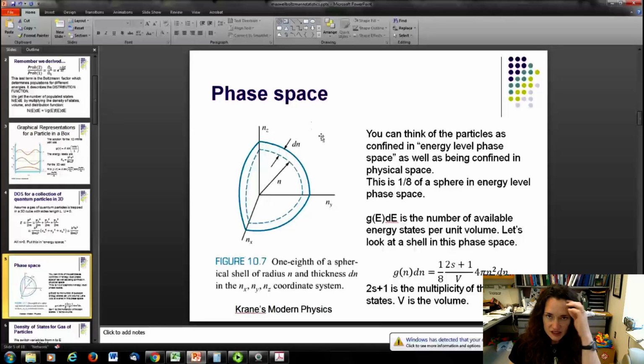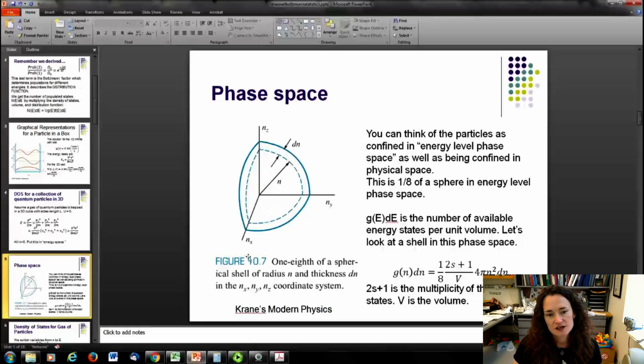Now, if you wanted to calculate the energy states available, you would calculate the volume of this little slice of spherical shell in phase space, okay? So, remember that the surface area of a sphere is 4 pi r squared. Since here our sphere is in n space, then the surface area of our sphere would be 4 pi n squared, all right?